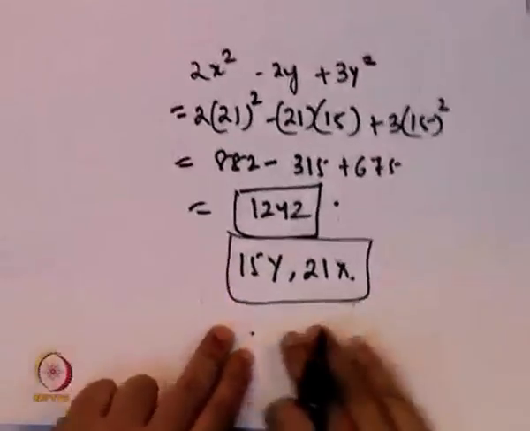Next we will see the second method for this constrained optimization, and that is the Lagrangian multiplier method. So, apart from the substitution technique, the most popular or most commonly used technique to do constrained optimization is the Lagrangian multiplier method.